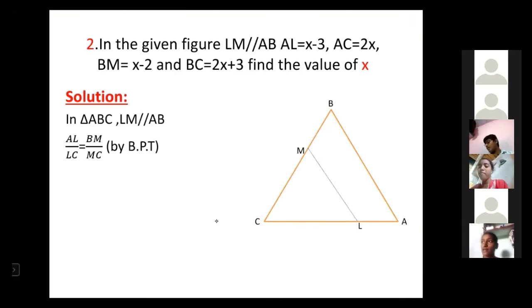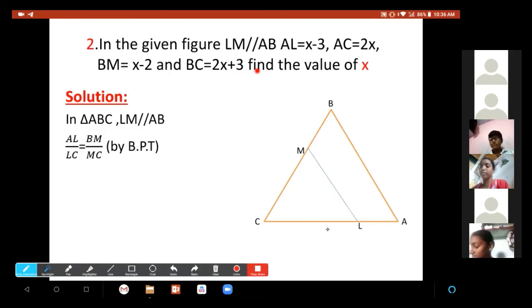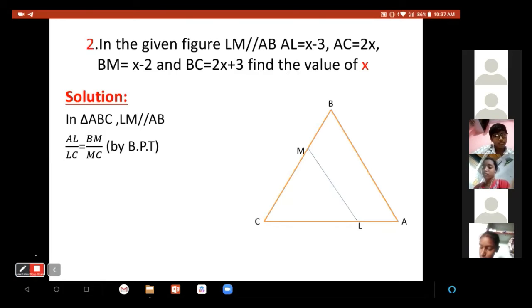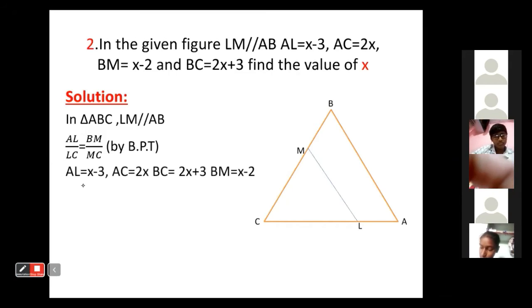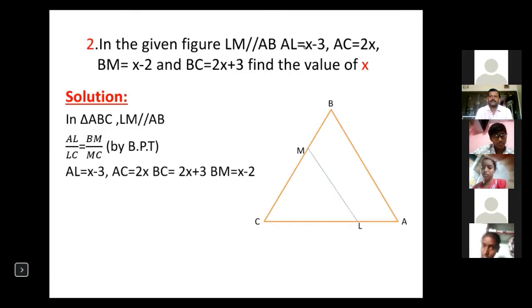So observe, AL by LC is equal to BM by MC. This is according to the basic proportionality theorem. The AL value is given as x minus 3, AC is 2x, BC is 2x plus 3, and BM is x minus 2. These are the given values I have written as they are.